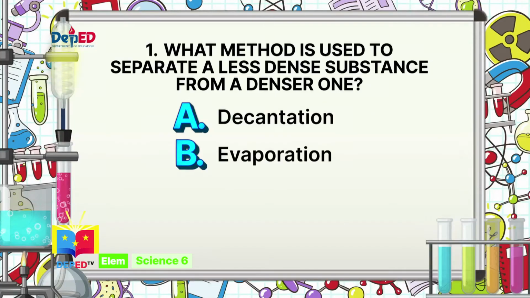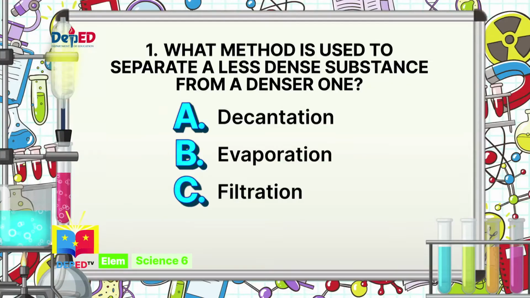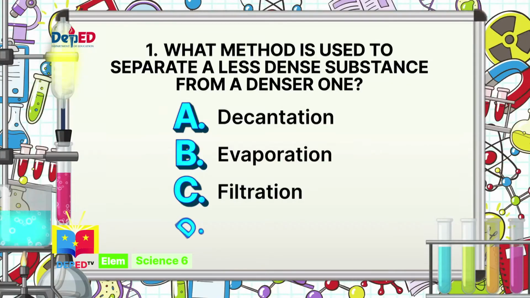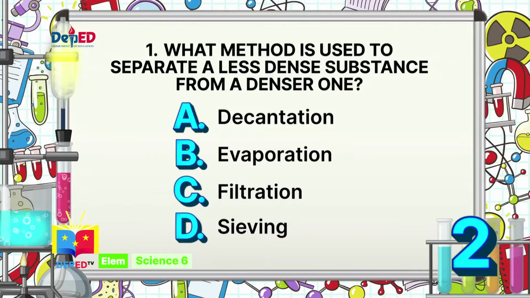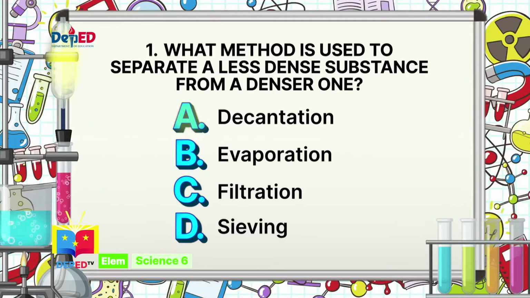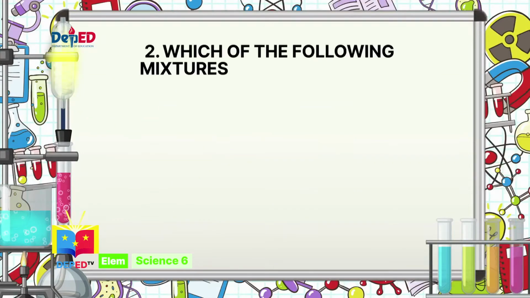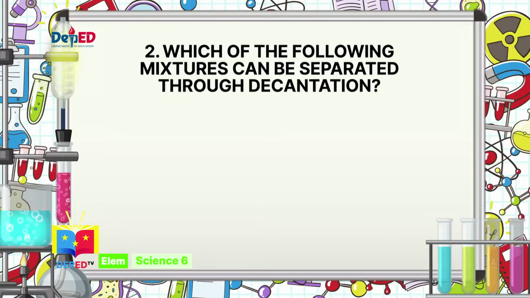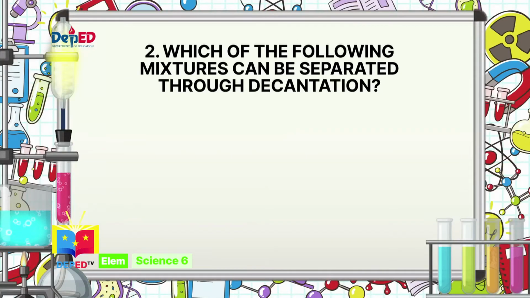B. Evaporation. C. Filtration. D. Sieving. The correct answer is A. Decantation. Number 2. Which of the following mixtures can be separated through decantation?